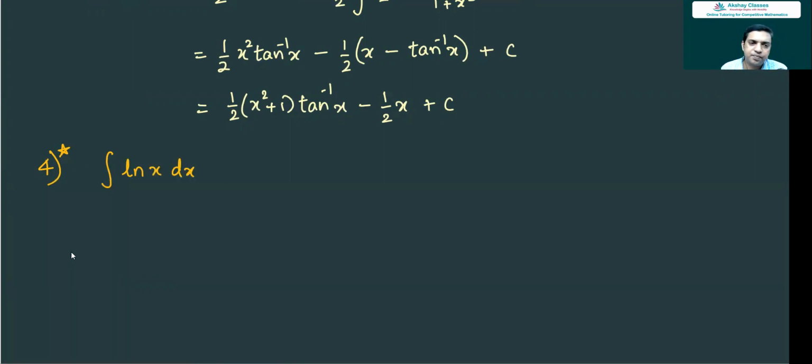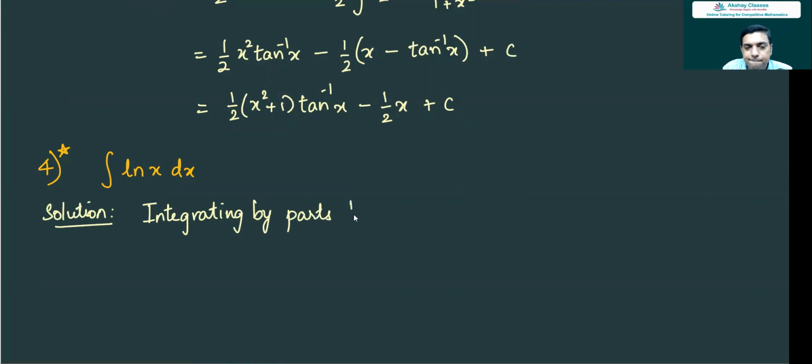So, integrating by parts, taking 1 as the second function.